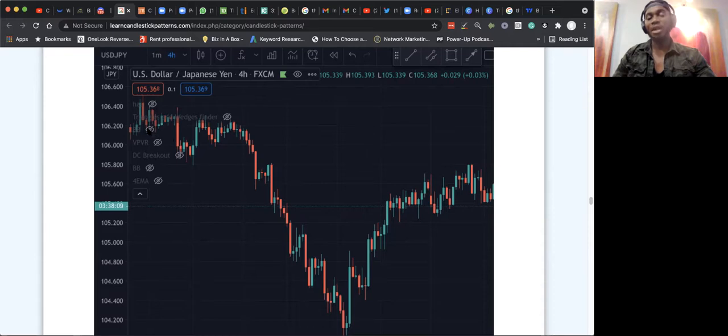But you can see here that there was a previous resistance, and after price action failed to break that resistance, it dropped to a lower price point, forming the first shoulder.